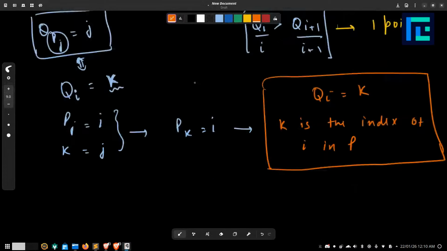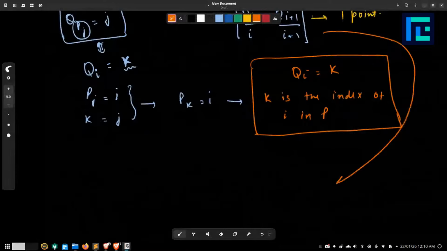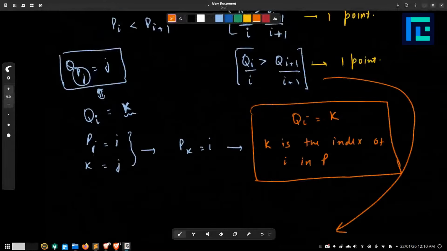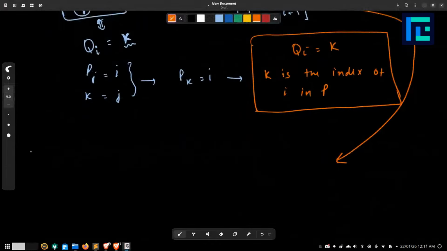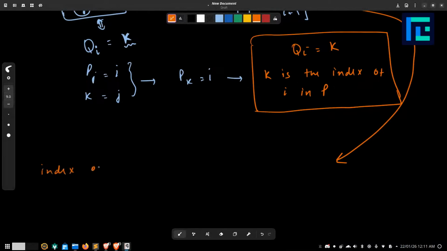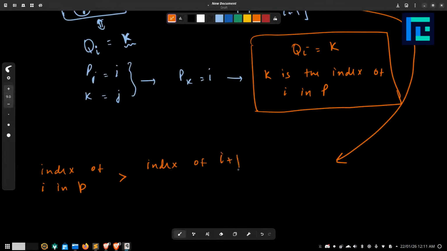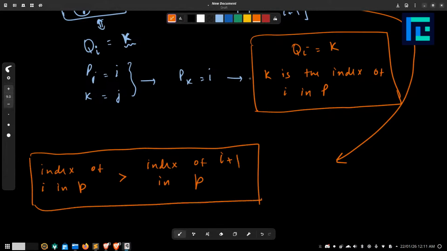To understand this more, we are given Qi is greater than Qi plus 1. So let's write Qi as k, and k is the index of i in P. So we can write this statement as index of i in P is greater than index of i plus 1 in P. If this is true, then we get 1 point.